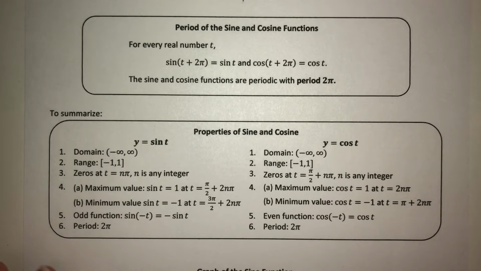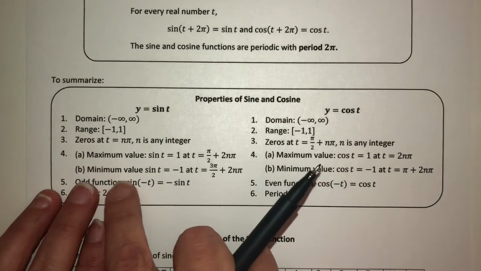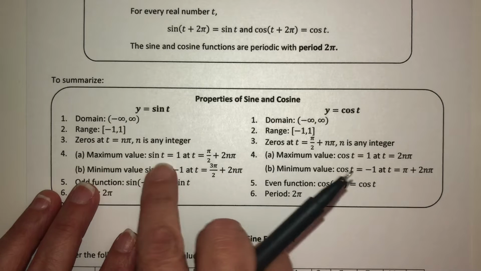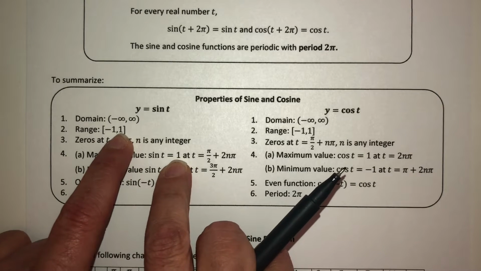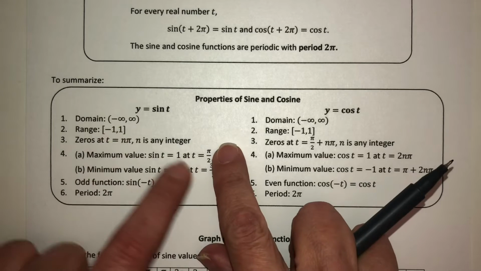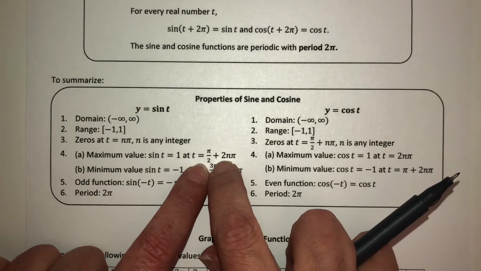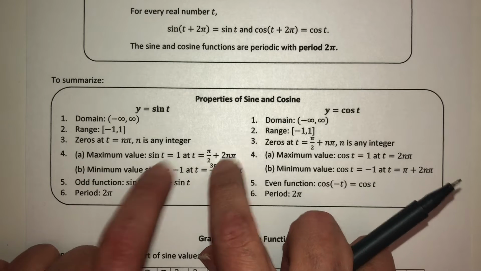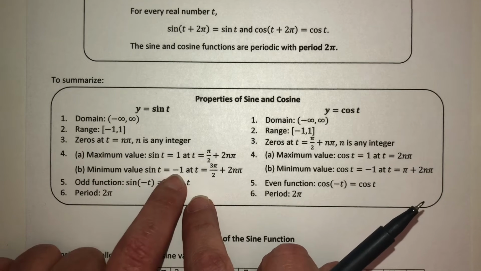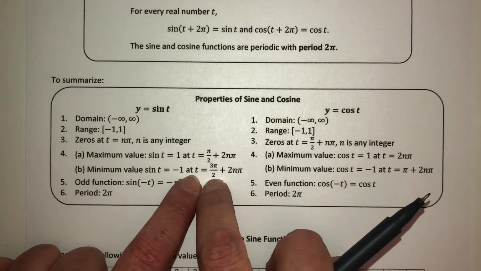Okay? Now, here's something we haven't talked about exactly. We're going to have a maximum value of 1 because that's the largest answer we can get. Where does that happen? The first time it happens is at pi over 2. And so we know that we can add multiples of 2 pi, and it's going to happen at every point there. Okay? Our minimum value is -1 for sine, and that first happens at 3 pi over 2.